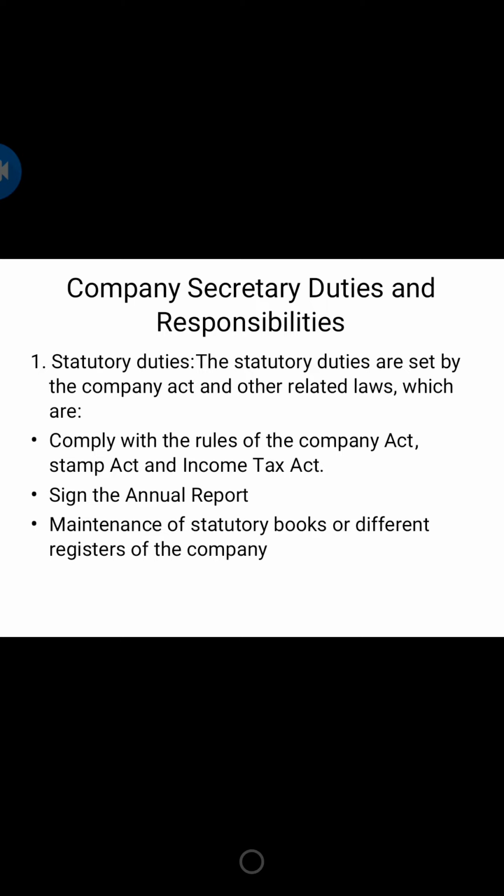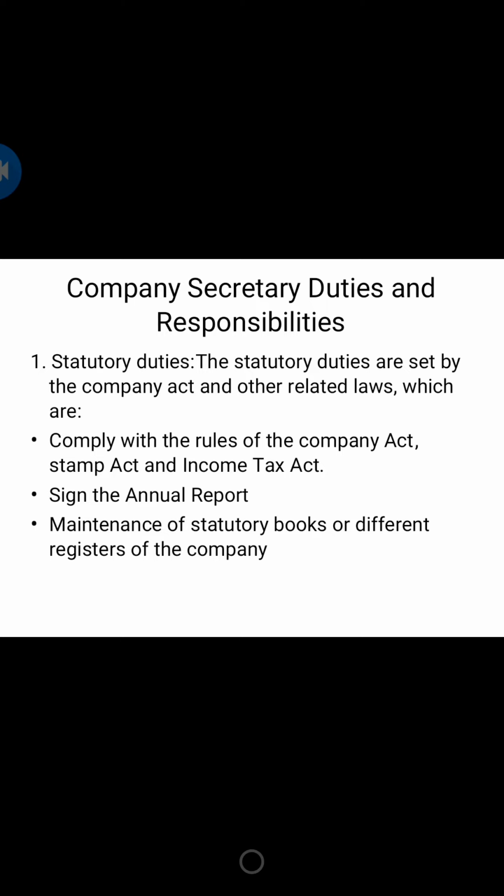Why should the secretary sign here? The secretary is a senior officer, right? He knows everything, as we treat him as eye, as hand, and as ear, right? He is a person who observes everything, knows everything, and maintains the secret. Each and everything he knows, so he is going to sign the annual report.